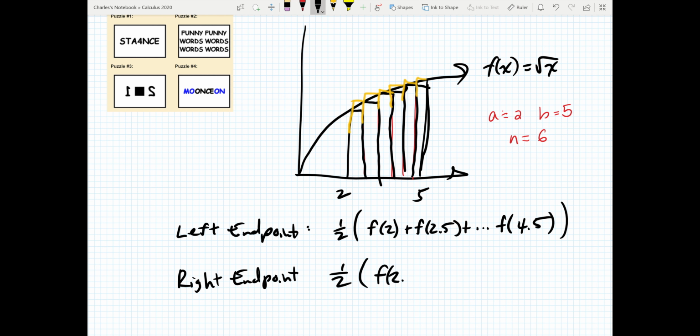My first rectangle is going to be f of 2.5, my second is going to be f of 3, and my last one is going to be f of 5. So if you look at what's happening, everything in the middle gets matched up with another one. What the left endpoint has that the right endpoint doesn't have is f of 2, and what the right endpoint has that the left endpoint doesn't have is f of 5.